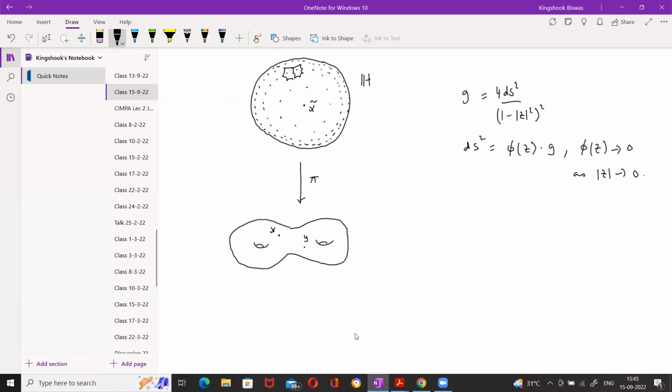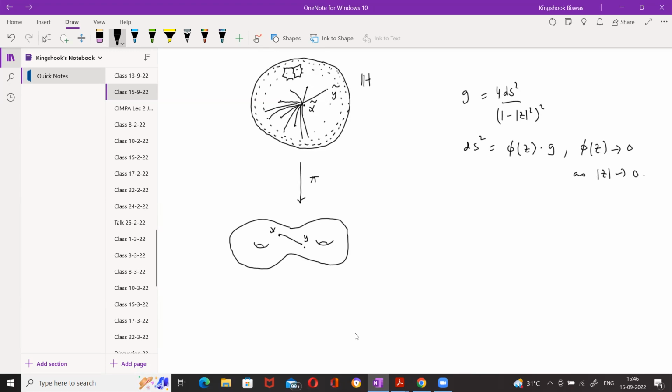Any geodesic below lifts to a geodesic above in the universal cover, and any geodesic in the universal cover joining X tilde to a lift Y tilde of Y will project to a geodesic below. But there are infinitely many geodesics from X tilde to all the lifts of Y, and all of these project to geodesics below.